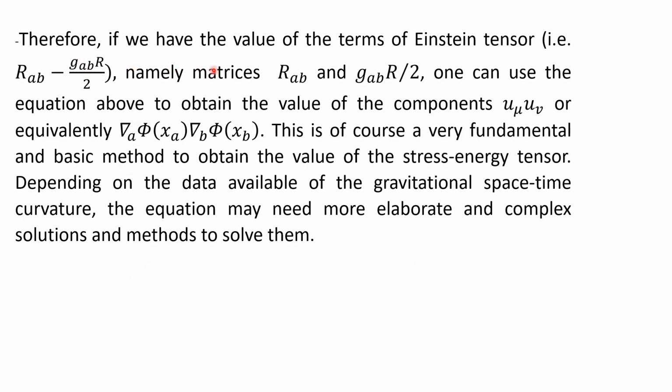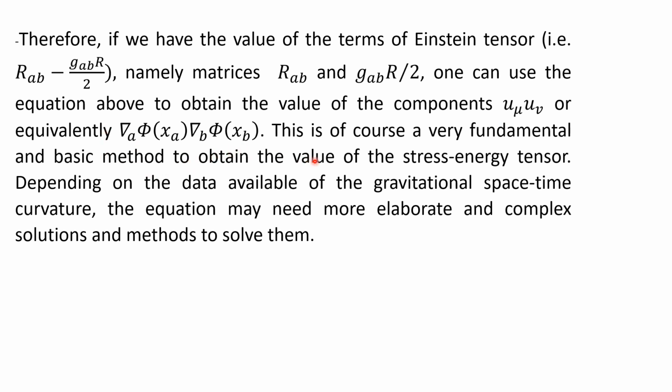Therefore, if we have the value of the terms of the Einstein tensor, in other words, id est, this expression here, which is the value of the Einstein tensor, namely matrices of the Riemann tensor and the metric tensor times the scalar constant divided by 2, one can use the equation above to obtain the values of the components, or equivalently the products of velocity vectors in terms of differentials.